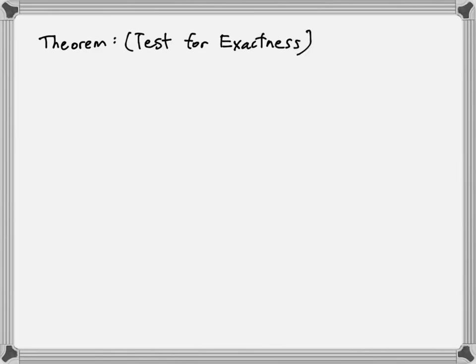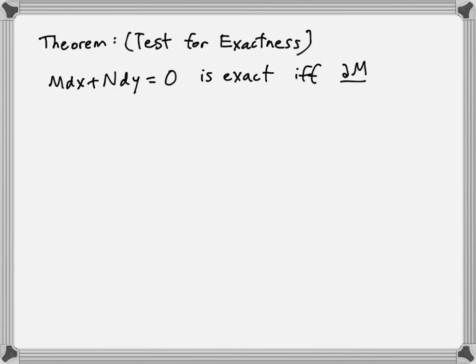Okay, what is the test? M dx plus N dy is equal to 0 is exact if and only if the partial of M with respect to y is equal to the partial of N with respect to x.